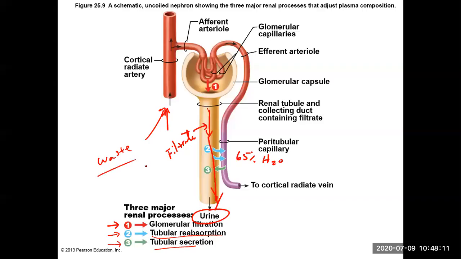These are nitrogenous waste and such. So if you don't reabsorb and you don't secrete and you don't have enough force, guess what? Waste is going to build up in our blood, and that is also problematic.